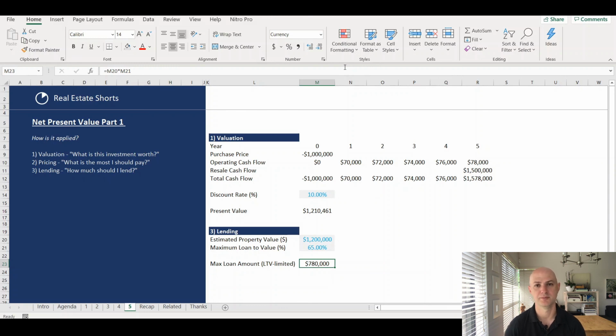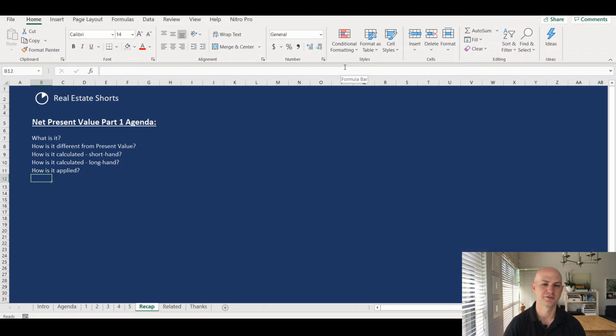So just to start to wrap up, we've covered a bit of ground here. First, what is net present value? The value created or lost in today's dollars for a given investment. Two different ways to calculate it, longhand or shorthand. I'd highly recommend the shorthand way. Excel, calculator.